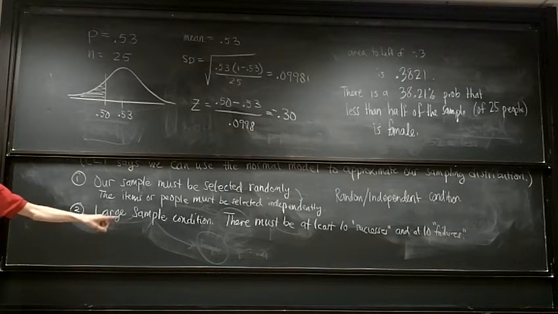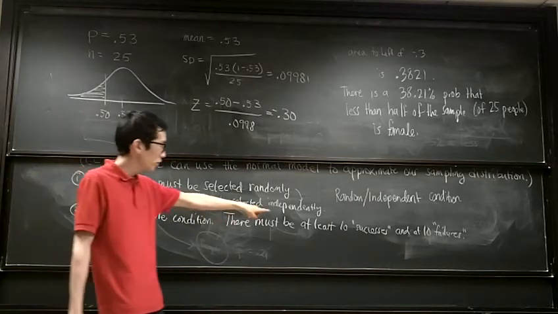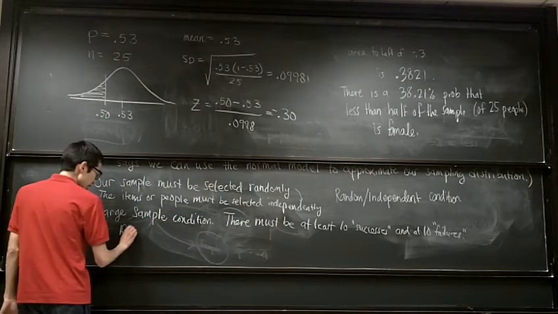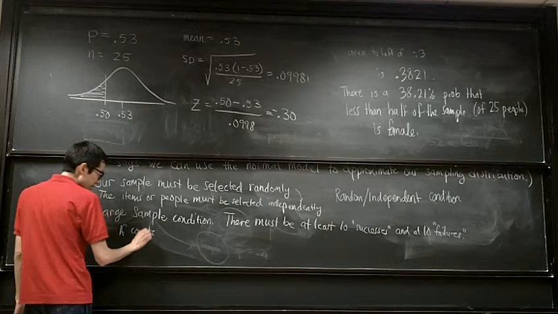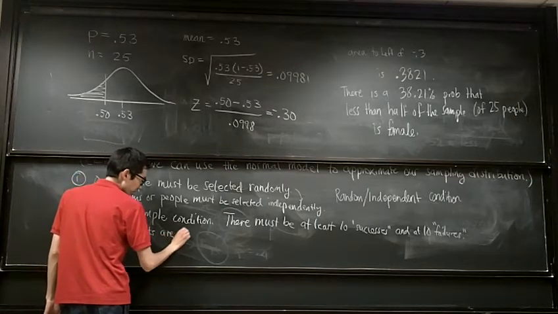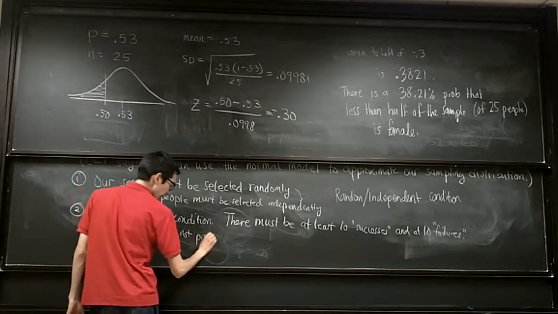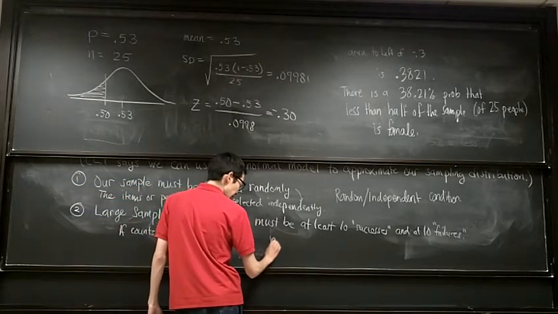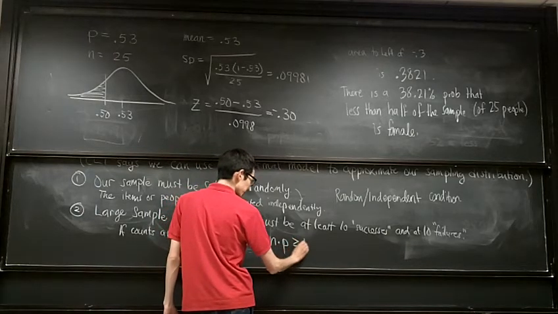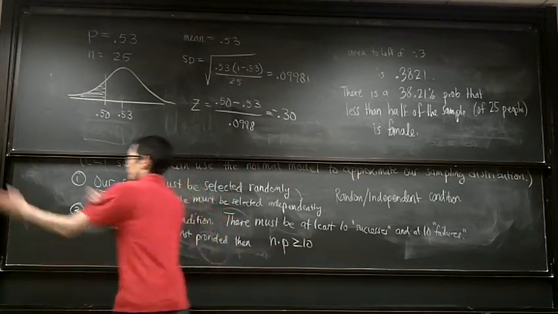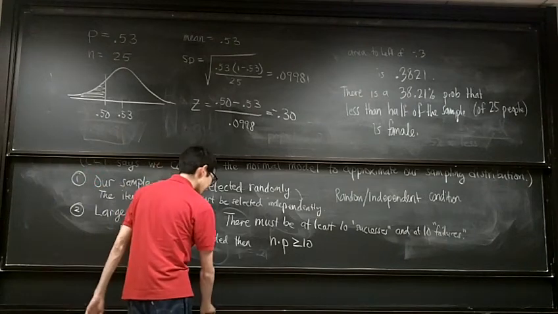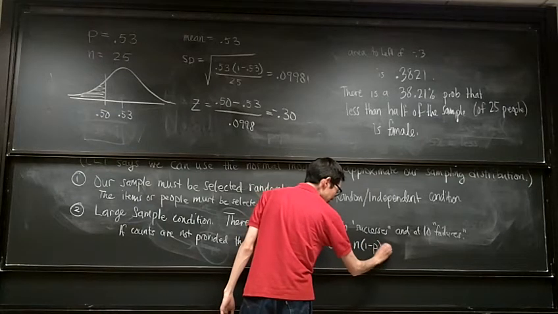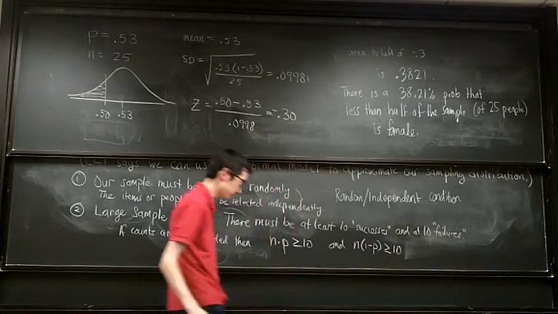Okay. If we don't have the actual counts, which is the case that we had here, if counts are not provided, then n times p must be bigger than or equal to 10, and n times 1 minus p as well.